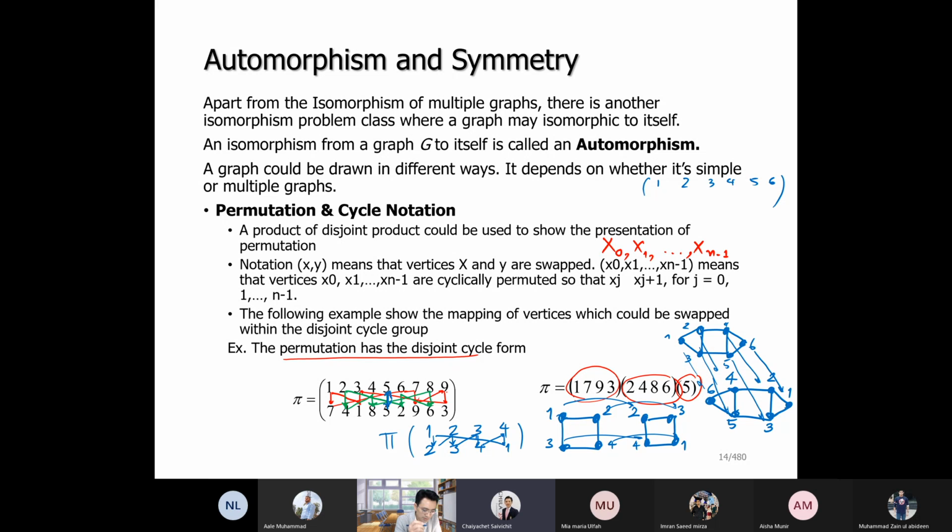Would I have 6, 4, 5, 2, 3, and 1? How many cycles do we have here?